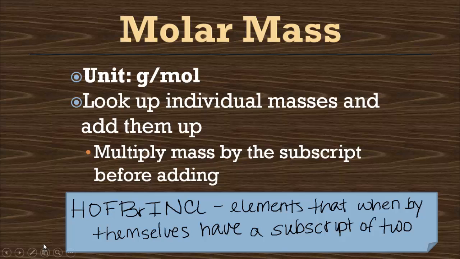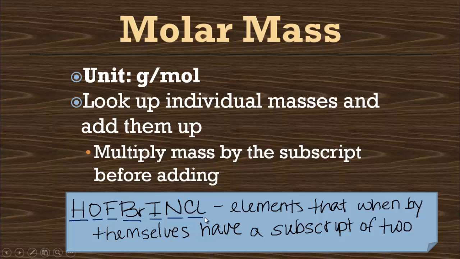So it would have a subscript of 2. So we need to start looking out for these as we go through problems. Elements, of course, then are all in the name Hofbrinkel. So we have hydrogen, oxygen, fluorine, bromine, iodine, nitrogen, and chlorine.